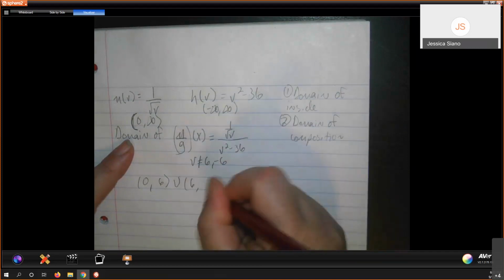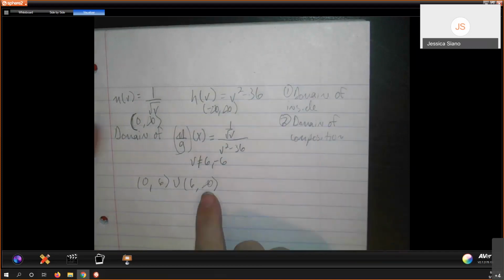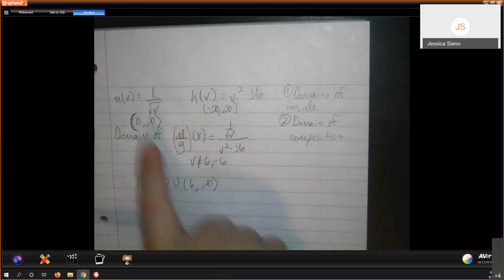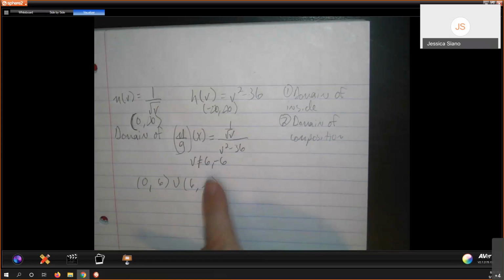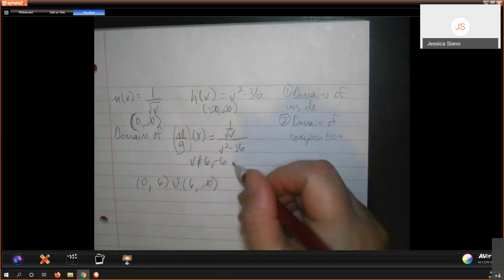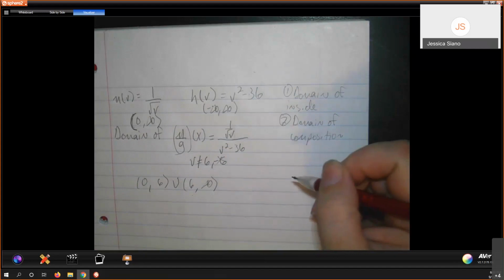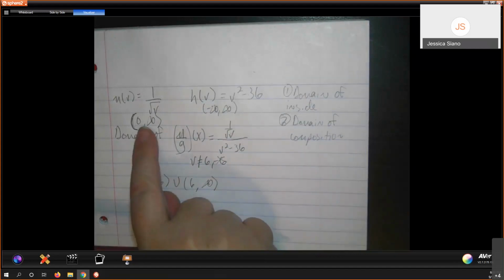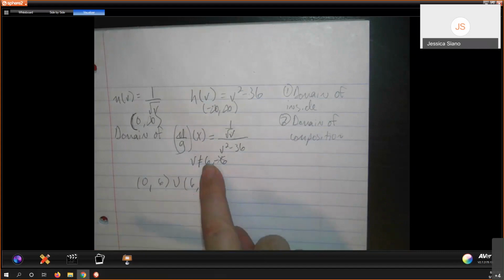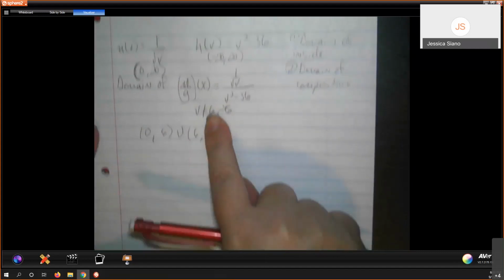And then I can do all the numbers bigger than 6. This naturally excludes the negative 6. So we didn't need to worry about this one. So then what we say is all the positives except 6. Okay?